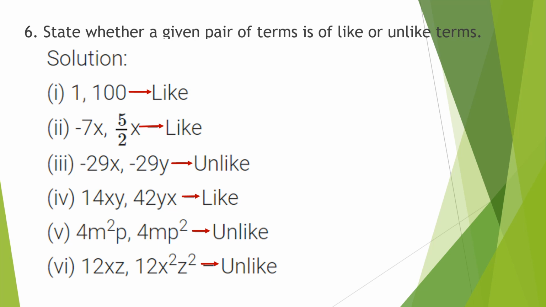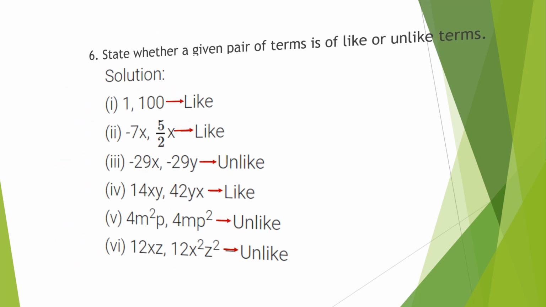And in the fifth question, 4m square p, comma 4mp square, both variables are same, m and p, power of m is 2, and here in the second question, power of m is 1. Powers are different, so they are unlike terms. And in the sixth question, 12xz and 12x square z square. Here the variables are same, but powers are different, so they are unlike terms.